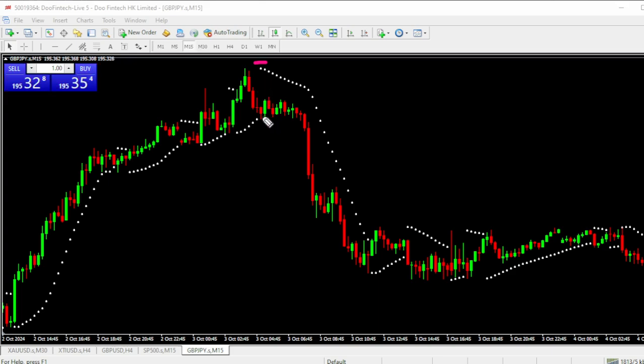So you open a sell position here, your stop loss will be here, and you just wait for the price to go in your favor, and you modify your stop loss manually when the Parabolic SAR goes in your favor, right? Maybe if the price goes against you, maybe the volatility is too high, or something like that.